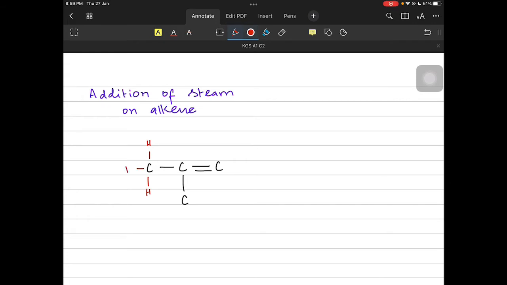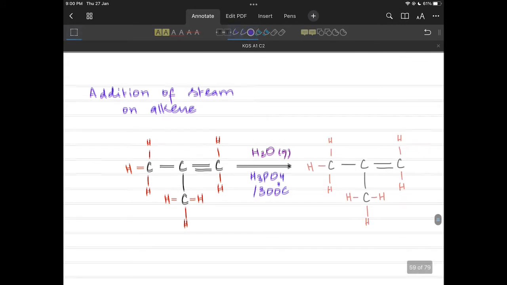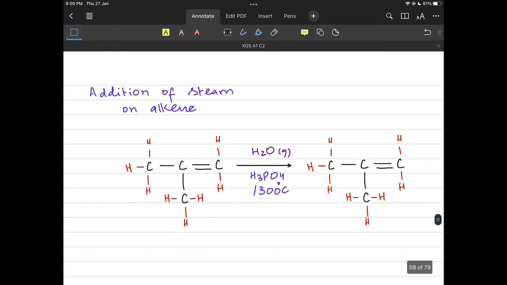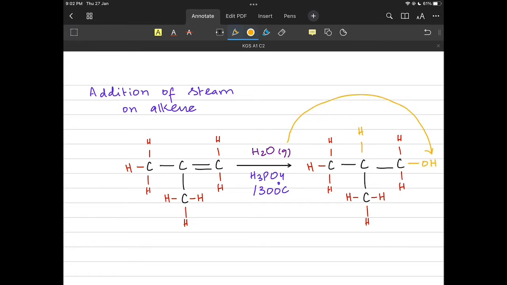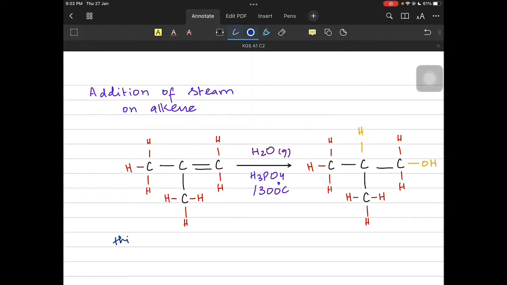It is going to be isobutene because it has a carbon-carbon double bond, 4 carbons in total, and the third one is like this, there's a branch coming out from the middle. So it's isobutene. We know when addition of steam happens, the same structure is used, but we remove the carbon-carbon double bond, and then we add H on one of the carbons, and then we add OH on the other carbon. So we get an alcohol molecule.